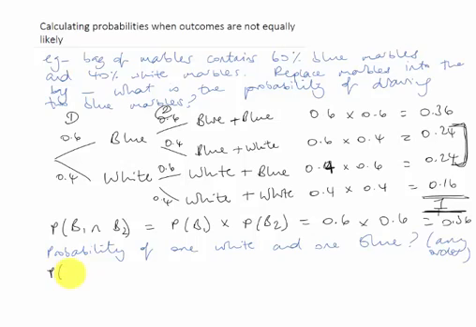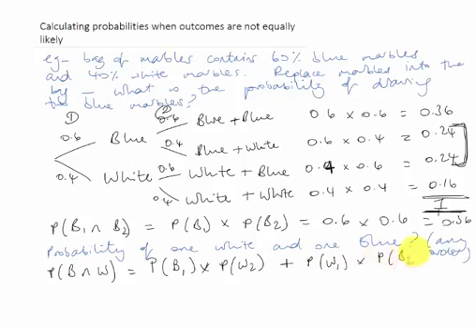So that's the probability of a blue and a white. That's the probability of drawing a blue first times the probability of a white second, so a blue and then a white, plus the probability of drawing a white and then a blue, so white first times blue second.